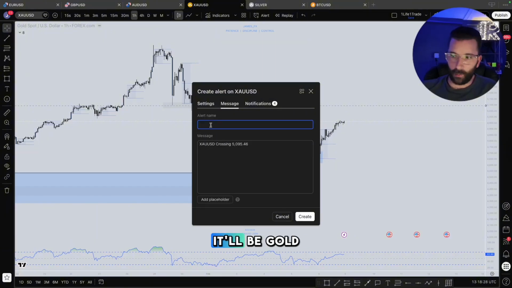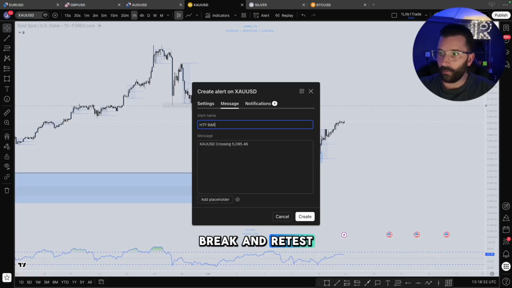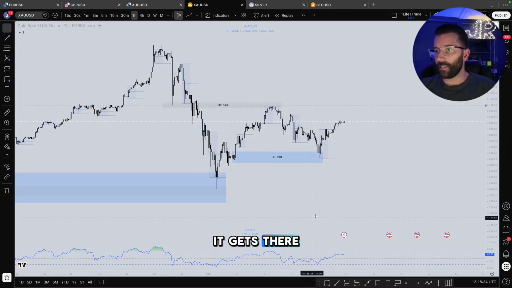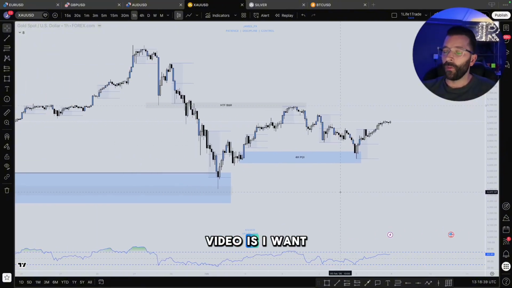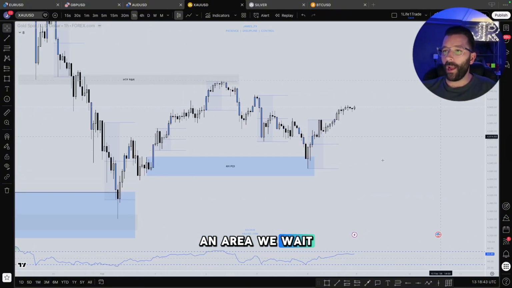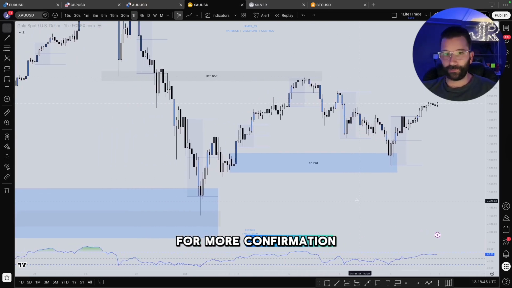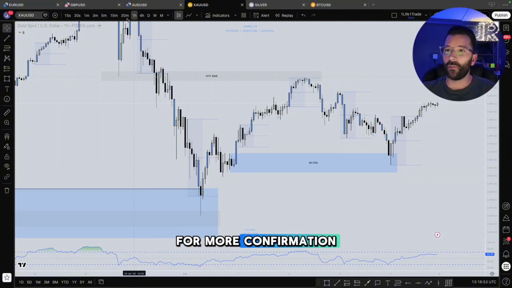And then I'll just label it gold, higher time frame, break and retest. So when I know it gets there, I know it could react. The purpose of this video is I want you to understand that when it gets to an area, we wait for more confirmation before we start thinking about and taking trades from that area. Before we just believe in it instantly, we want to wait for more confirmation.